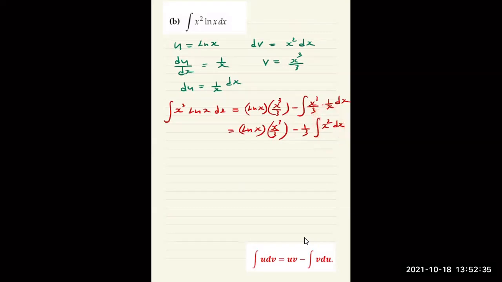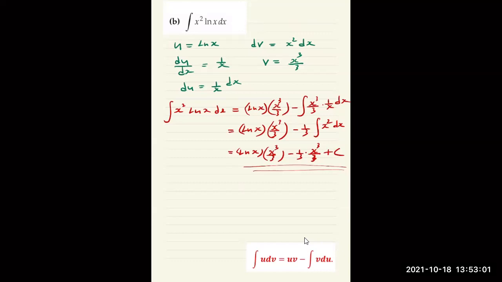As you can see, we brought down this complicated integration to a simpler integration. This should be equal to ln x, x to the power 3 over 3, minus 1/3 times x to the power 3 divided by 3, plus a constant. This is your final answer.